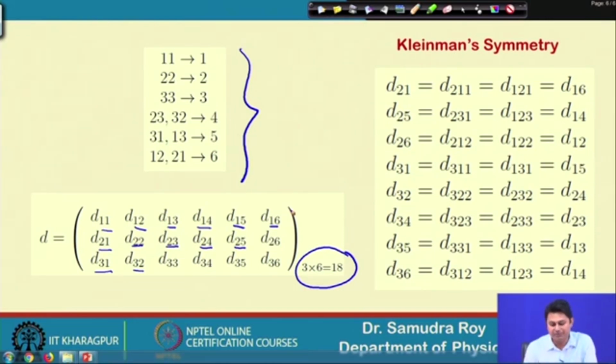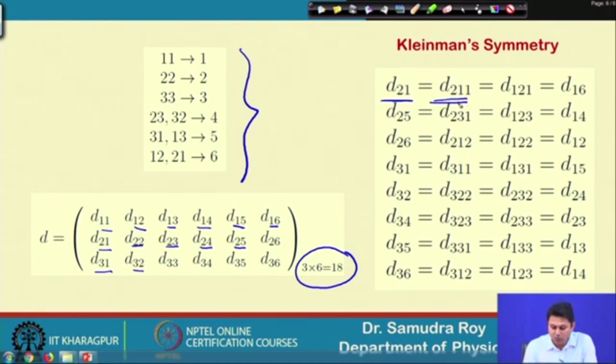Now, we are going to apply another symmetry, as I mentioned, which is Kleinman's symmetry, which suggests that if I now write D211, what should I write? Each one is nothing but 11. So, I should write D211.